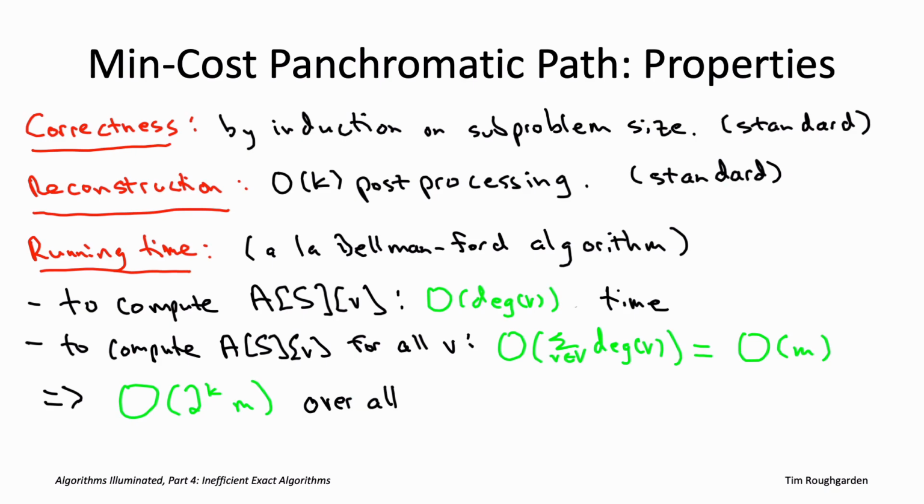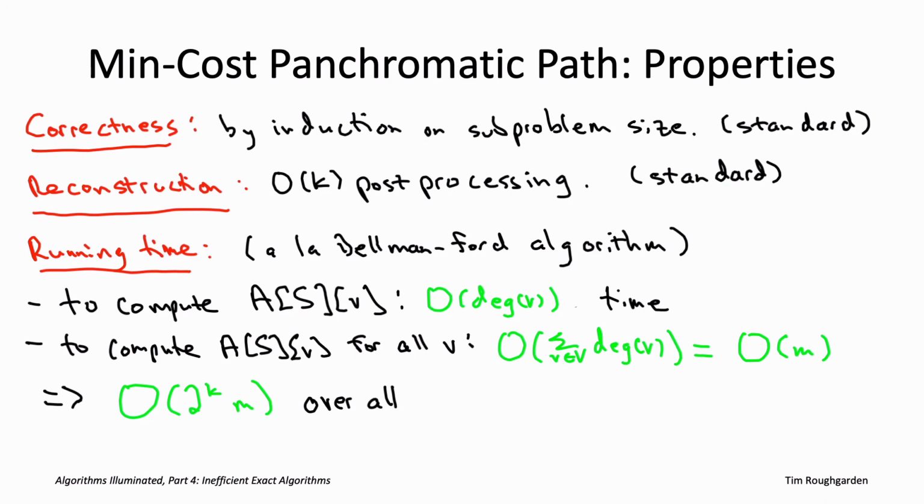So how should we feel about this running time? Well, maybe mixed feelings. I mean, on the one hand, it's too bad to see there is this exponential factor in the running time, 2 raised to the number of colors k. But then you think about it, you're like, we're dealing with exact algorithms here for NP-hard problems, so we've got to expect some kind of exponent to show up somewhere. And then you think more about it and you're like, well, actually, we're beating the pants off of exhaustive search.